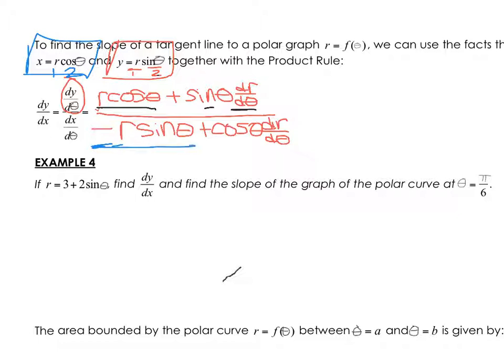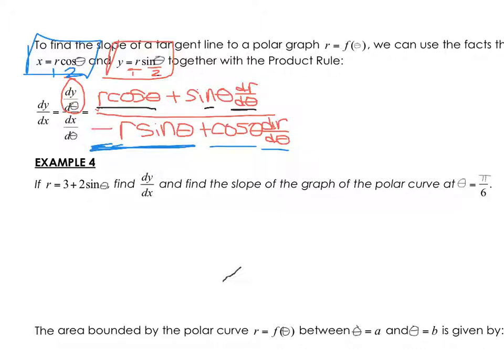So you've got first times derivative of the second, plus the second, which was cos, times the derivative of the first. The first thing is r, but I took the derivative of something that is not in terms of theta. So the derivative of r is 1, but then you tack on that dr/dθ at the end. So this formula, you could memorize it, but it's really not that hard to put together once you realize you're just using the product rule.